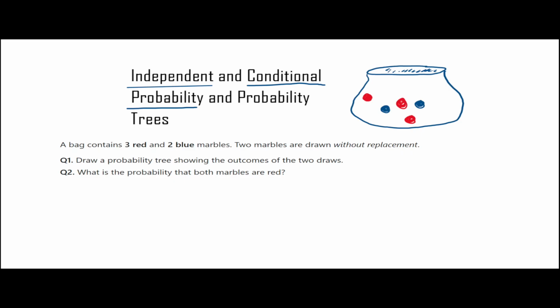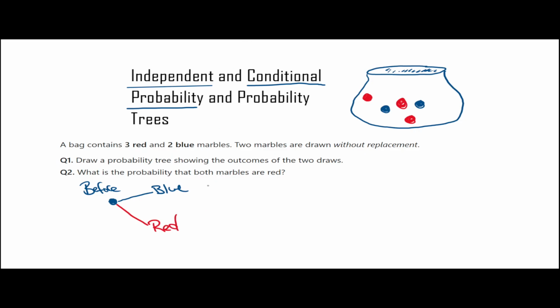Okay, so what we would do then is start at the beginning. So this is before we do anything, before we draw any marbles out. What's the probability that we draw a blue marble, and what's the probability that we draw a red marble?